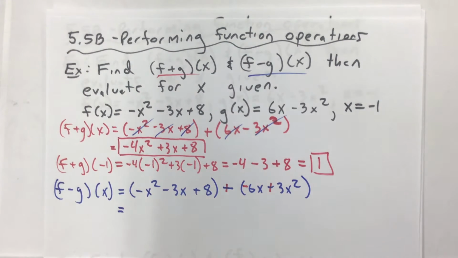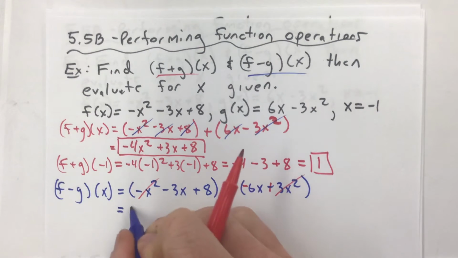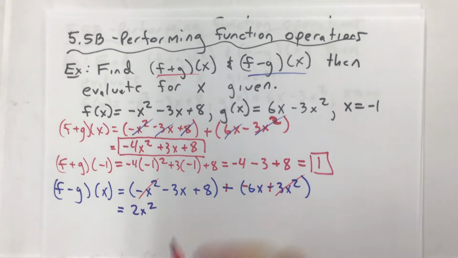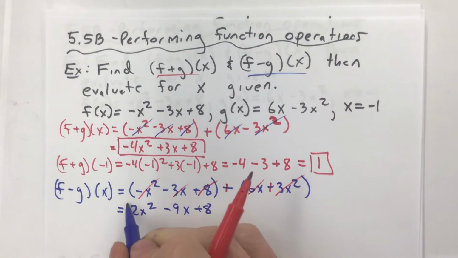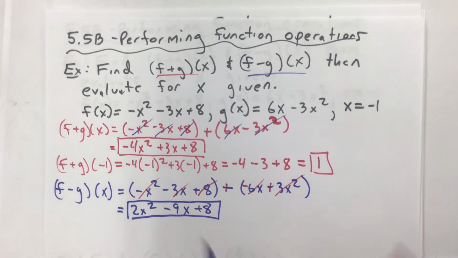So now I get -x squared plus 3x squared becomes 2x squared. -3x minus 6x becomes -9x plus 8 as my answer.